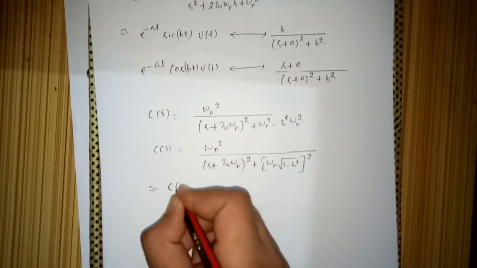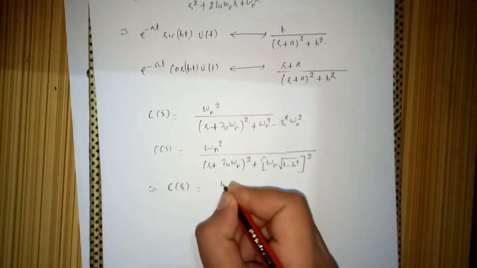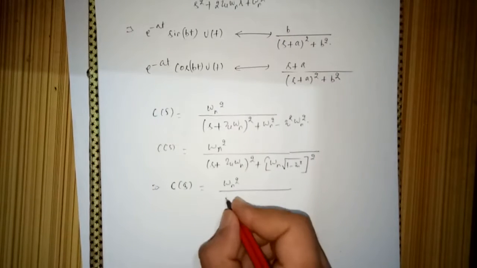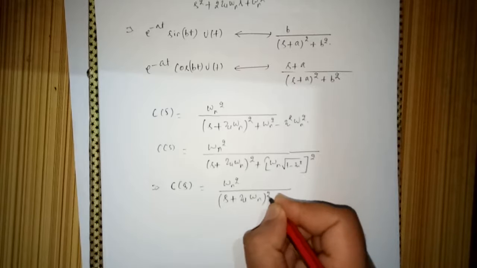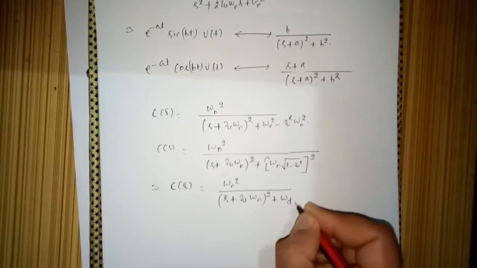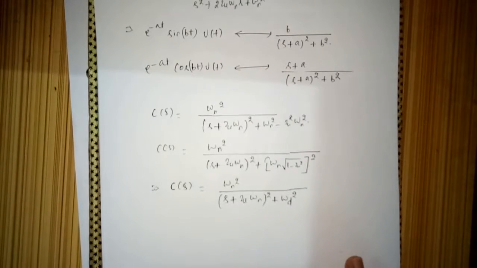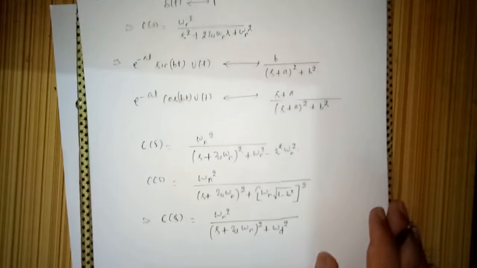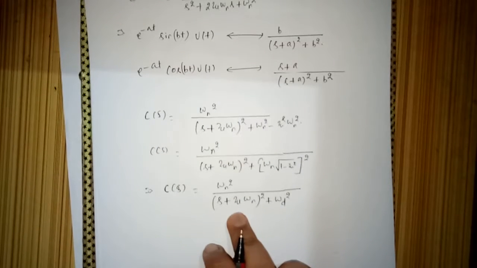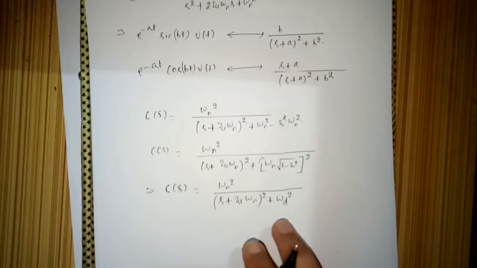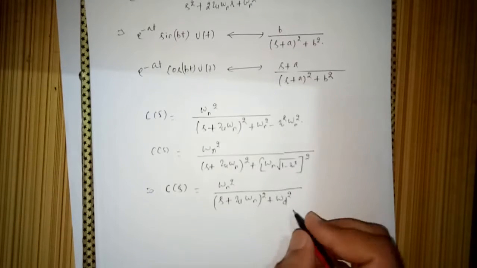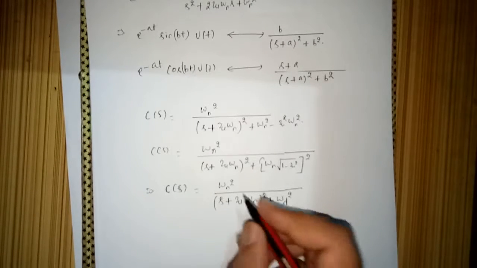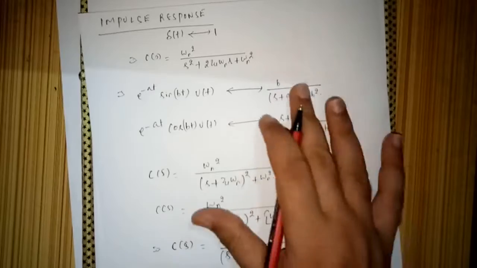So C(s) is equal to omega n square over (s plus zeta omega n) whole square plus omega d square. Now I have (s plus a) square plus b square, right? And I need b here to have this formula.